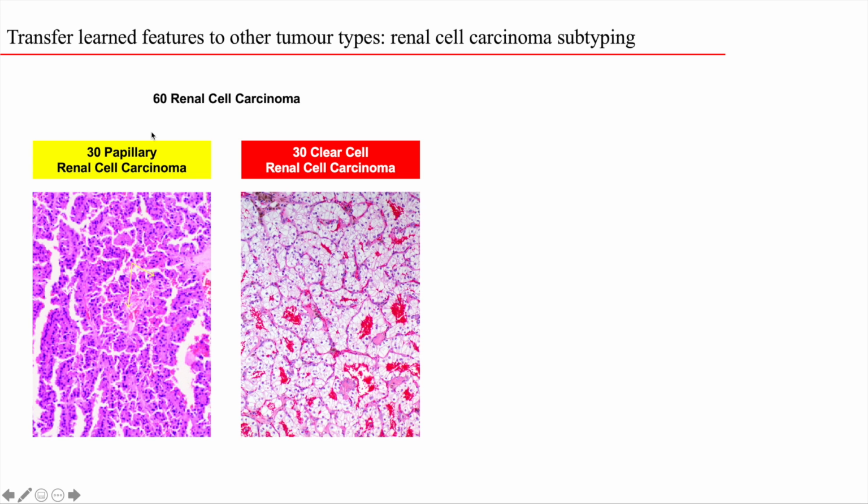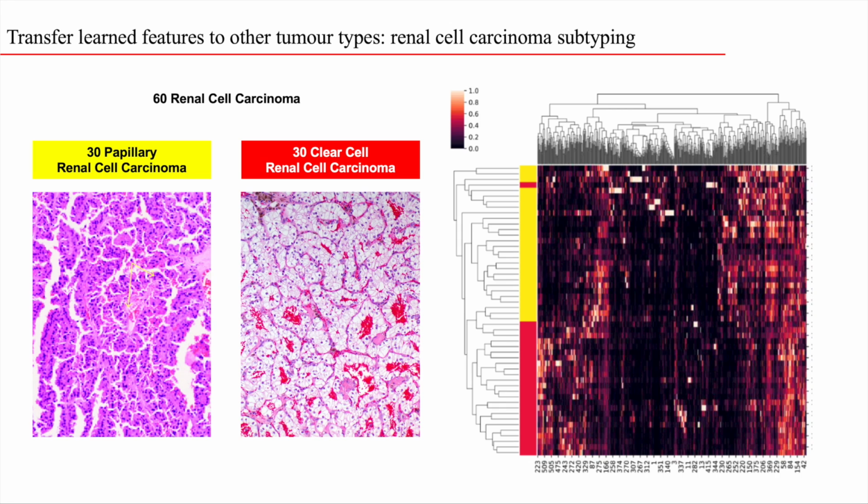So we took 60 renal cell carcinomas, 30 were papillary, 30 were clear cell, and we asked, can a computer that's been trained on brain tumors differentiate these two different types of tumors in a way a GU pathologist would? And in fact, as you can see here, for the most part, it was able to organize them in a somewhat intelligible way. There are, of course, some misclassifications, and we're working towards trying to understand why these errors were made.